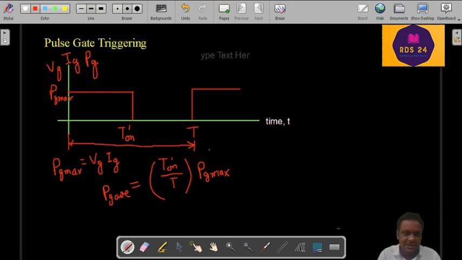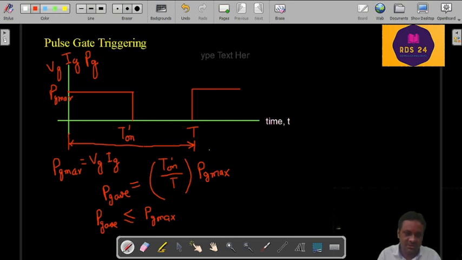So that means when you are using the pulse gate triggering, PG average is less than PG max, or may be equal to PG max.